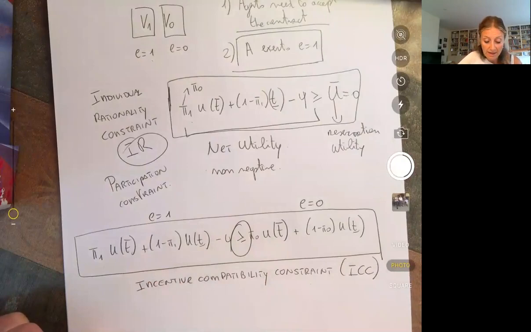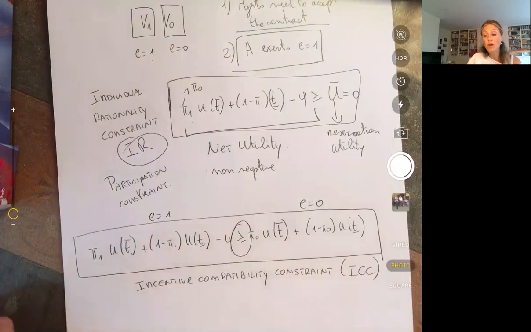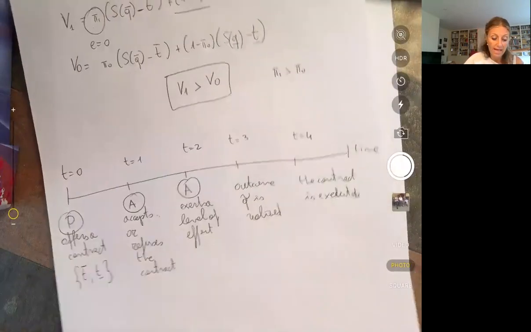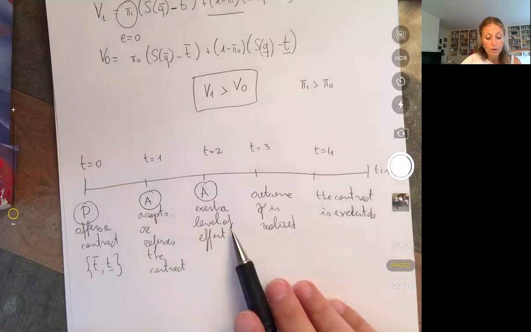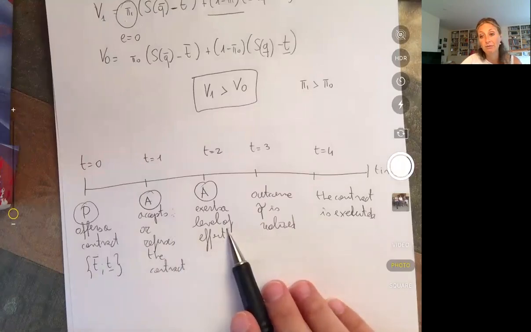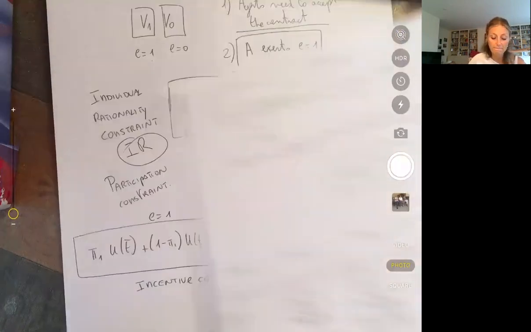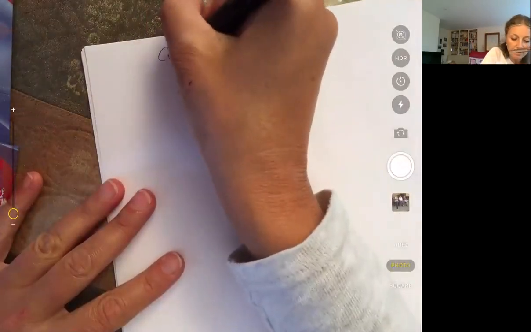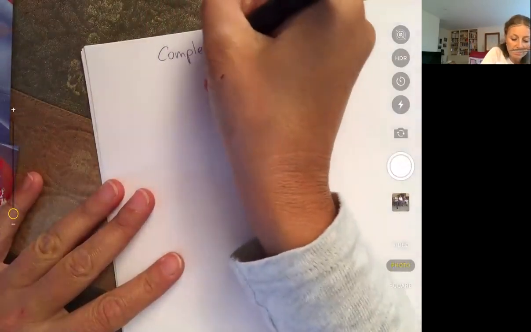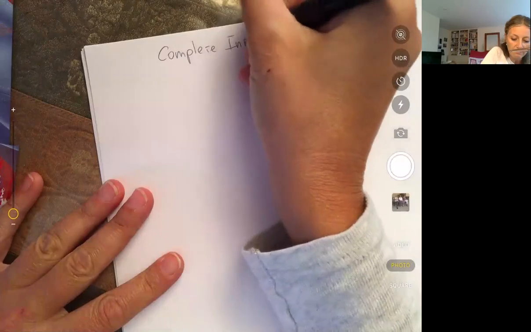If this is the case, and this constraint is satisfied, then we know that not only will the agent accept the contract, but he also will exert the high level of effort. Okay? Now that we have all the ingredients, we can proceed by analyzing the case of complete information.